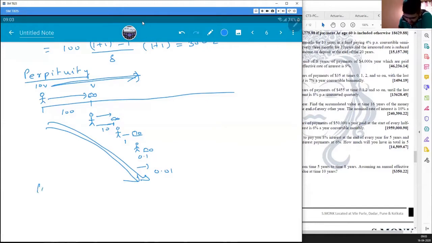This is nothing but 100 plus 10 plus 1 plus 0.1 plus 0.01 plus 0.001 plus 0.0001 and so on till infinite. If we add them up, we are actually going to get 111.111111 recurring.